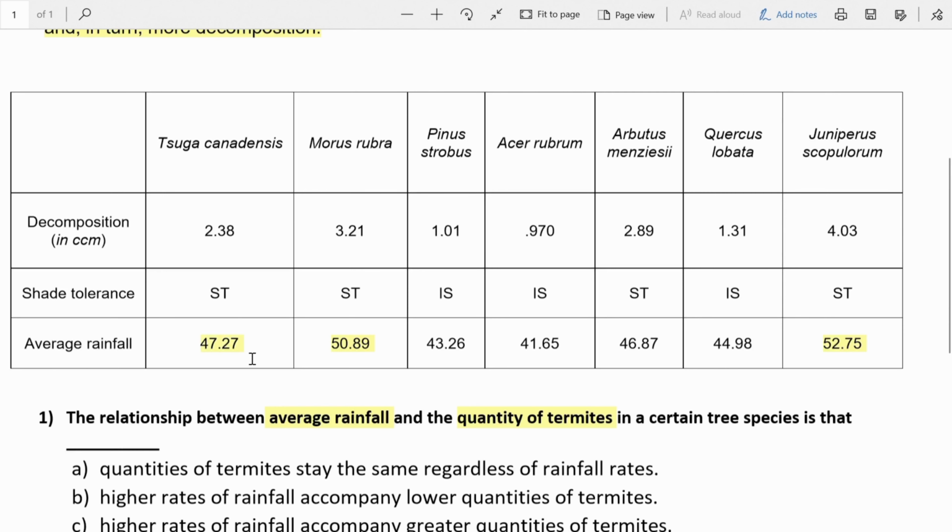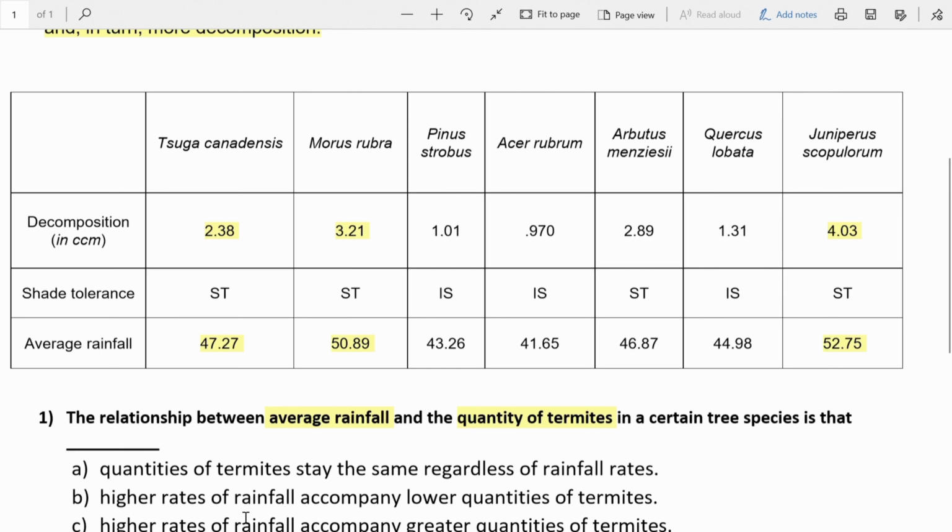So these three have the highest rainfall and have the highest level of decomposition.